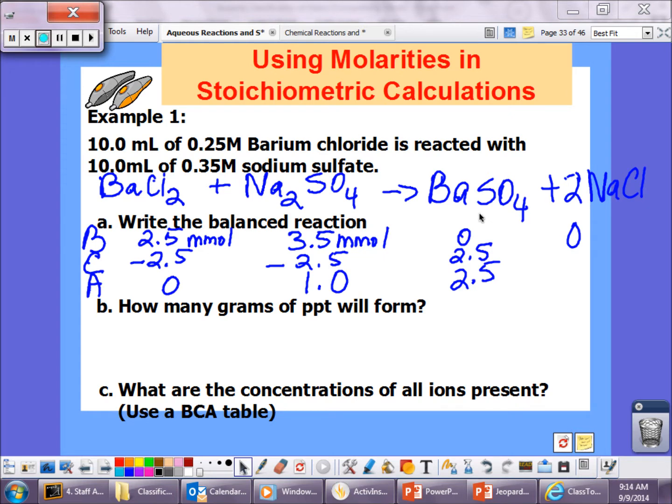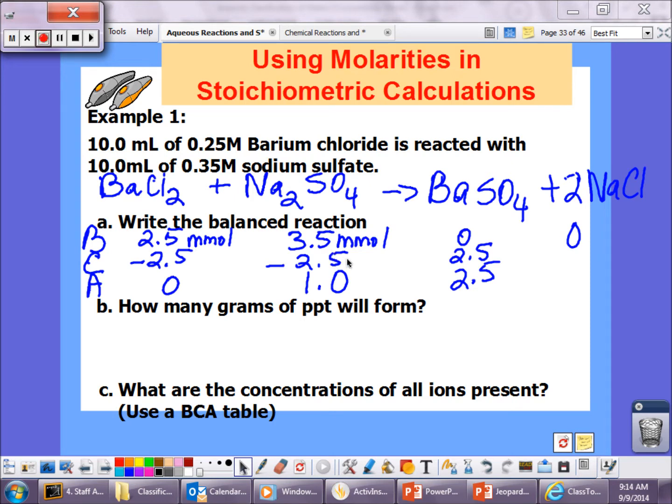You can multiply molarity times liter to give you moles, but you can also multiply molarity times milliliter to give you millimoles. If you don't want to convert your milliliter to liter, you can find millimoles. So those are the millimoles: 2.5 millimoles of barium chloride, 3.5 millimoles of sodium sulfate.